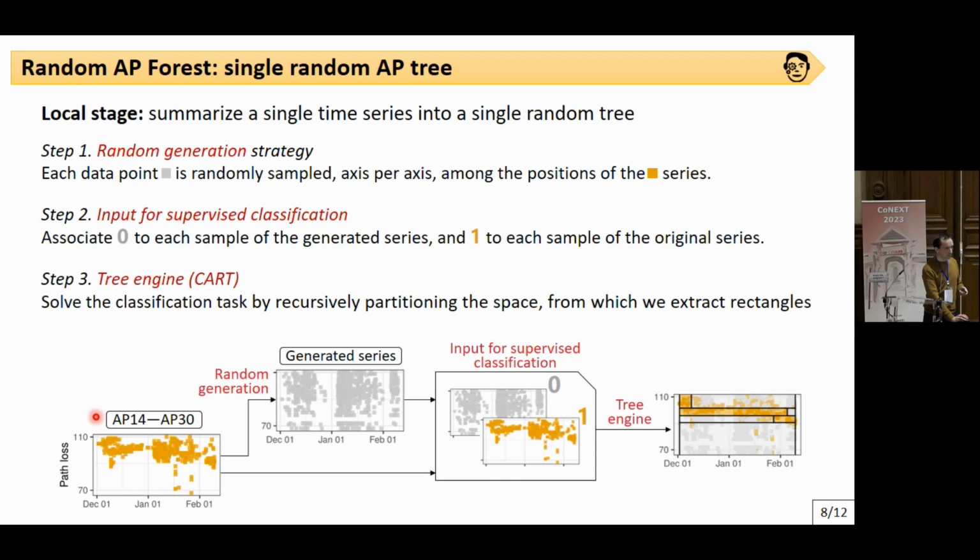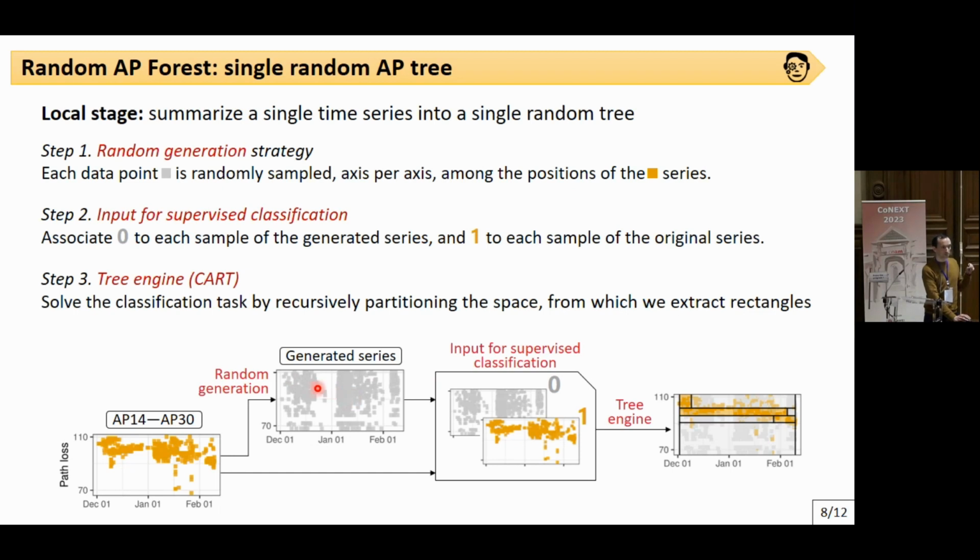I have the pointer here. What we do is first, we generate a random proxy series from the original series of interest. Given 1 pair, this specific pair, we got a series, and we will create this randomly generated series. How do we proceed?